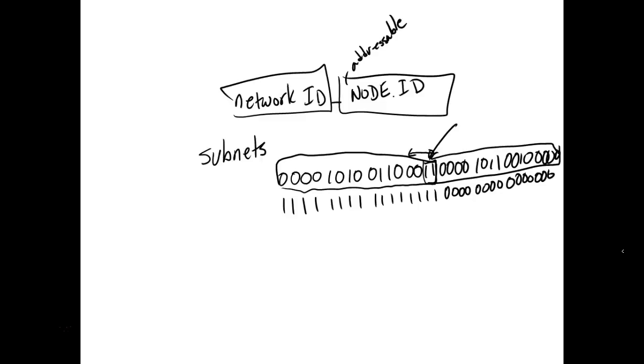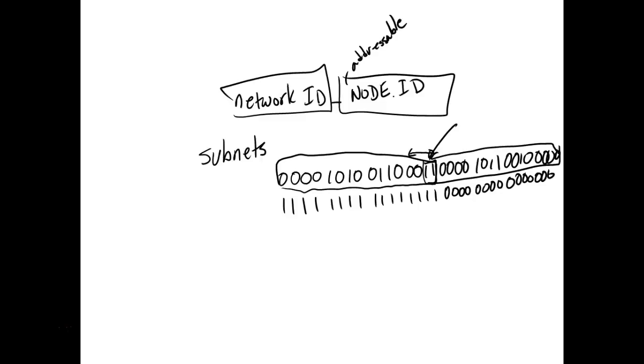So the subnet mask identifies what portion of the IP address is the network ID, and what portion of the IP is your node ID, your addressable node ID. So here, on our wired network, we use 172s, which is the class C. And then on our wireless network, we use 10s, which is the class B.